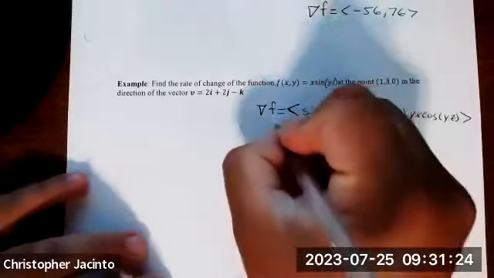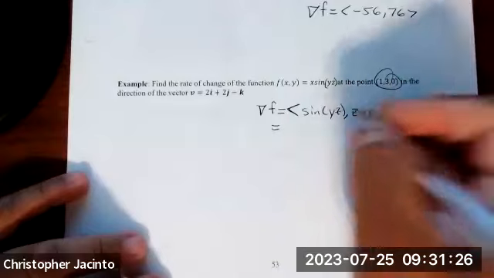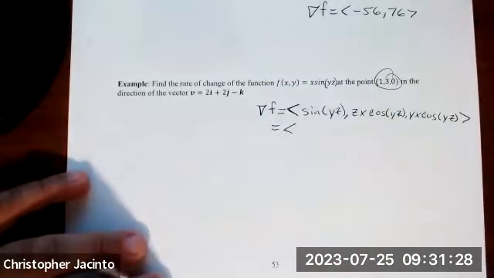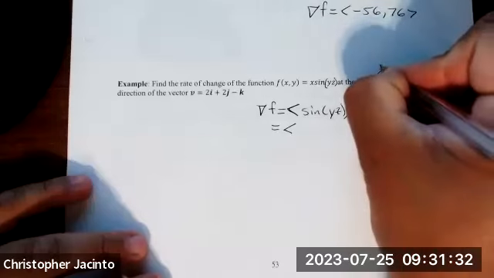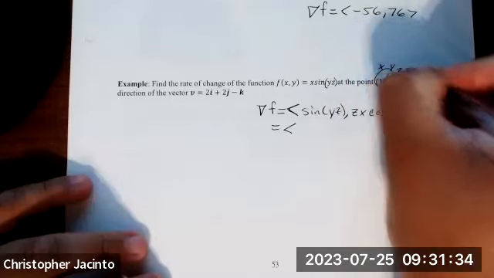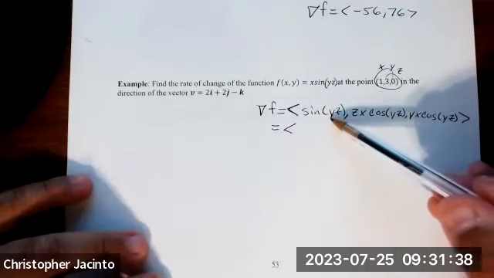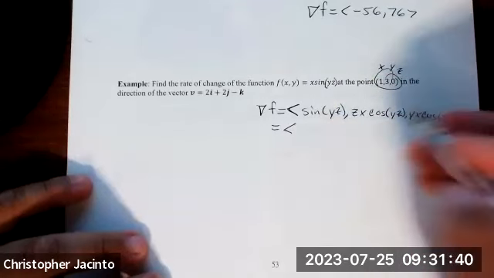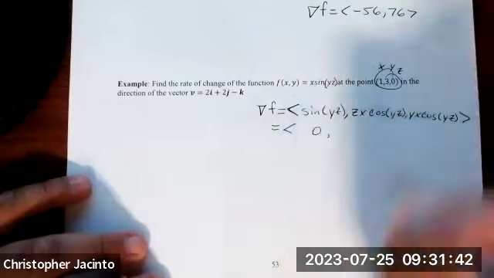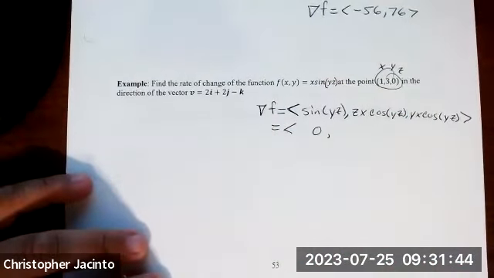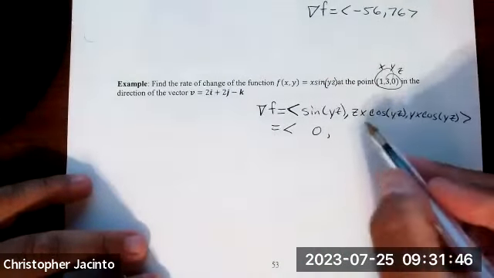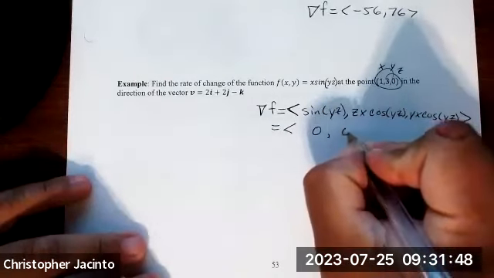And now we want it at the point (1, 3, 0). Remember, this is going to be x, y, and z. So inside the sine, since z is 0, the product is 0, and sine of 0 is 0. That's nice. Since z is 0, that all goes away.